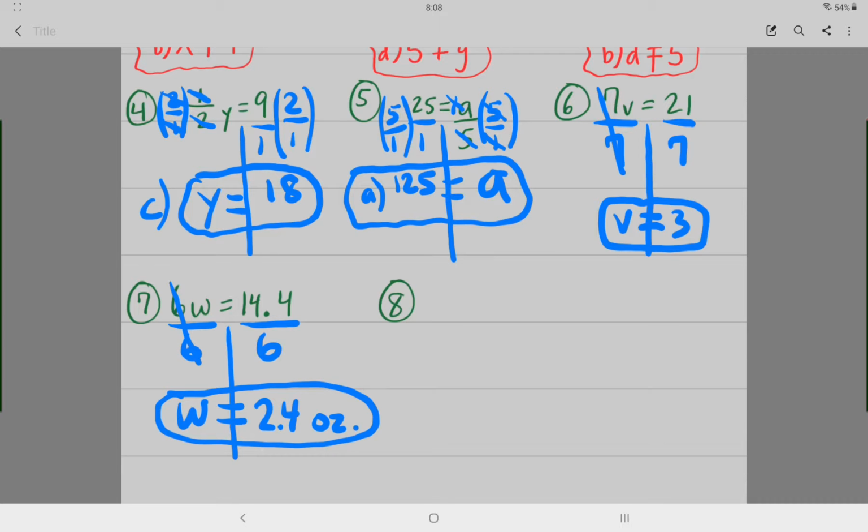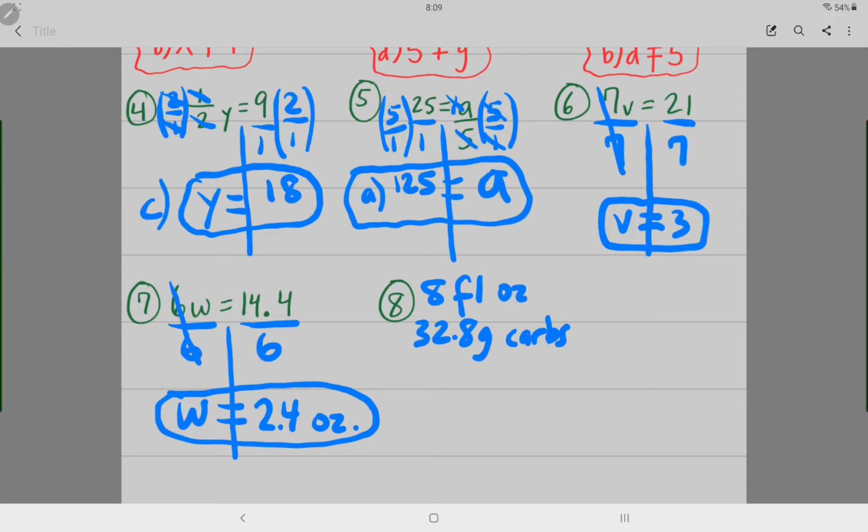So again, when you're given a word problem, good strategy always to annotate. In other words, pull out the key information, any key words or some numbers we can work with. So I see that we have 8 of carbohydrates.